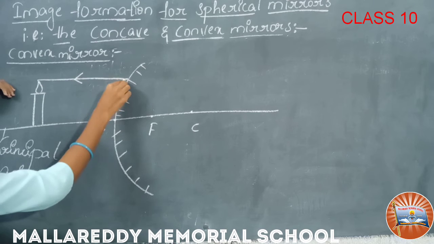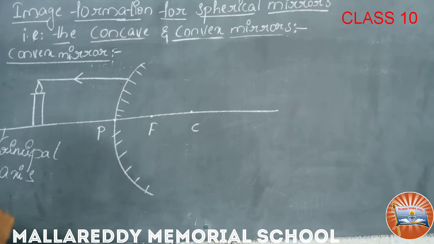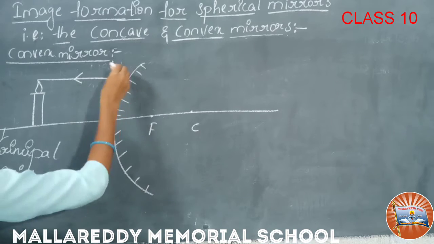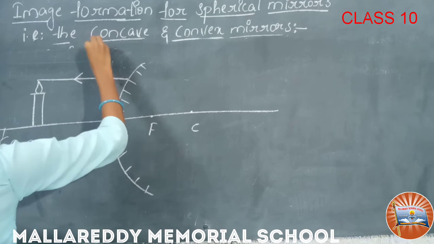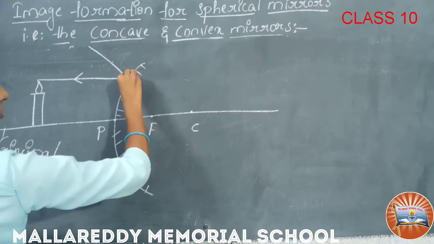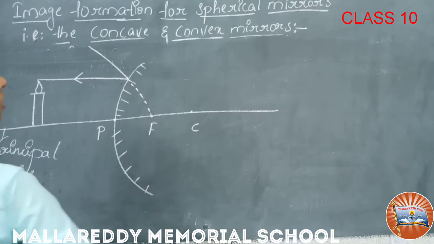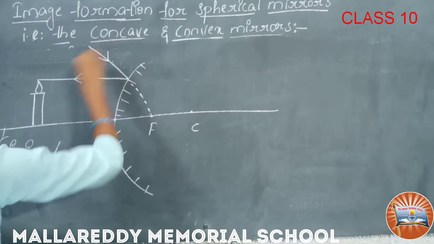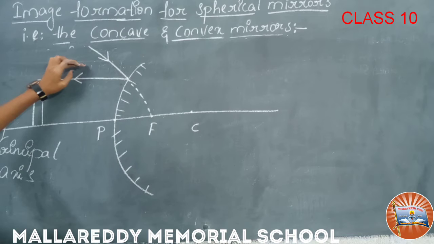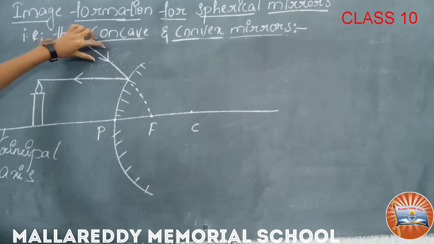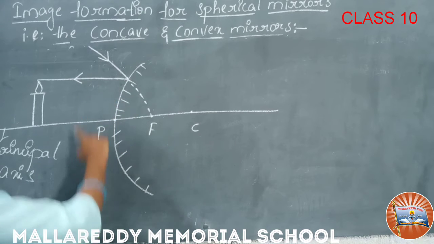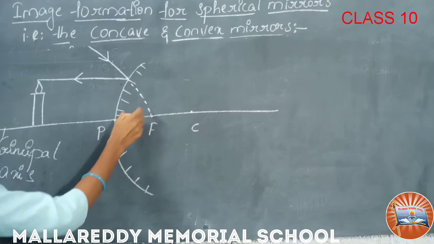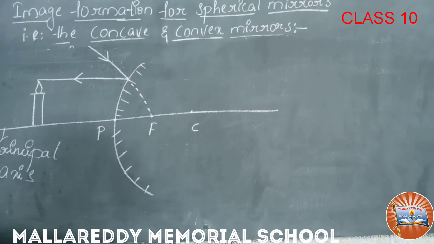When the incident ray is parallel to the principal axis, the reflected ray passes through the focus, like this. The sharp reflected ray is shown by a thick line, and the dotted line is behind the mirror. So this reflected ray is passing through the focus.